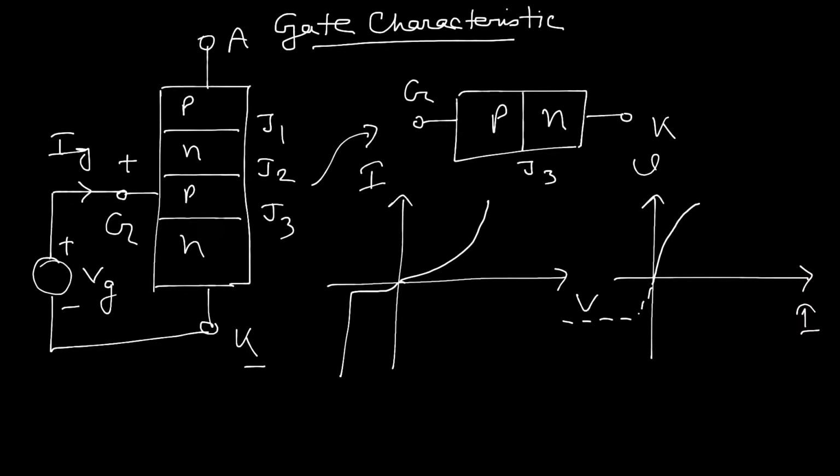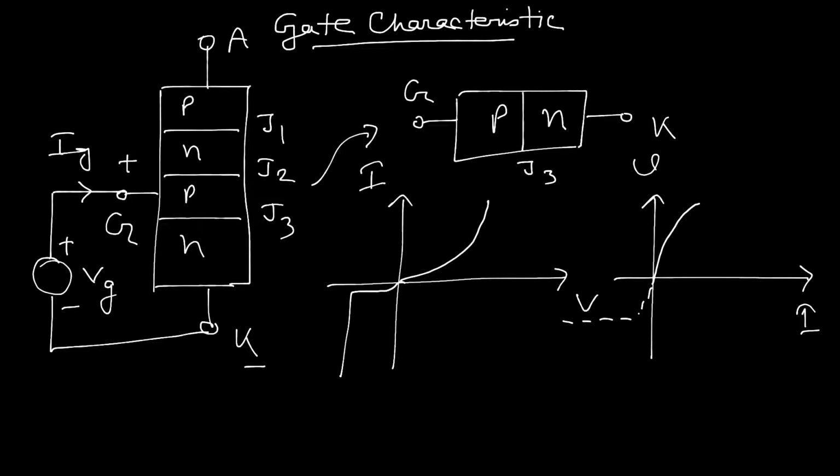But for some application purpose, there are several types of characteristics that can occur for different types of resistivity due to presence of 4 layers and 3 junctions.